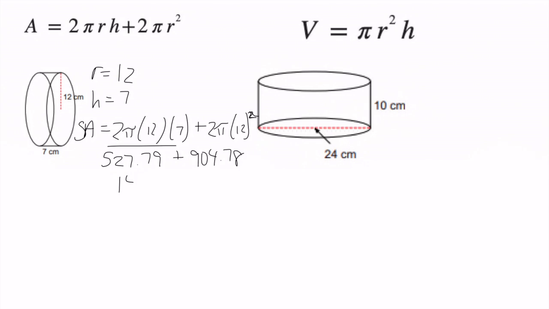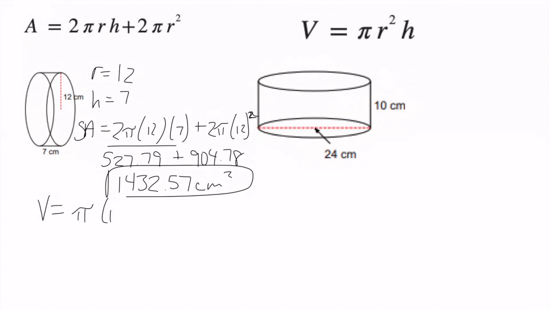Add those together, we get 1,432.57 centimeters squared. Now for volume, we have pi times a radius of 12 squared times our height of 7, which gives us 3,166.73 centimeters cubed.